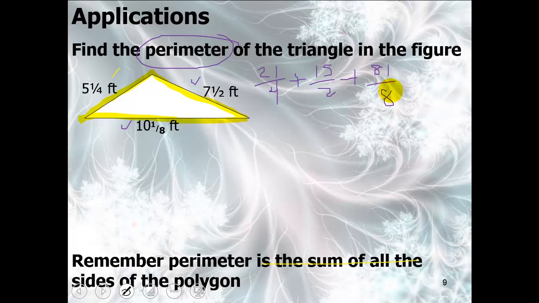Okay? I have to find a common denominator because they're all different. So I go through my smaller ones and I see if they go evenly into my bigger one. Does 2 go evenly into 8? Yes. Does 4 go evenly into 8? Yes. That means that my common denominator is 8.